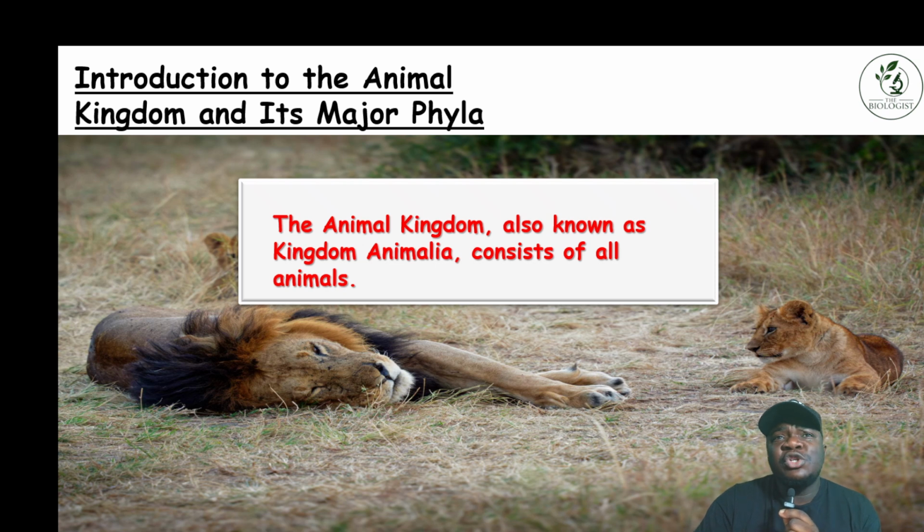But if you go to a new region, you see new species that have either similar or different features from other organisms you've seen. That's why it's very important to classify animals into different phyla using closely related characteristics, and we can use this to identify them and prevent confusion between different organisms.